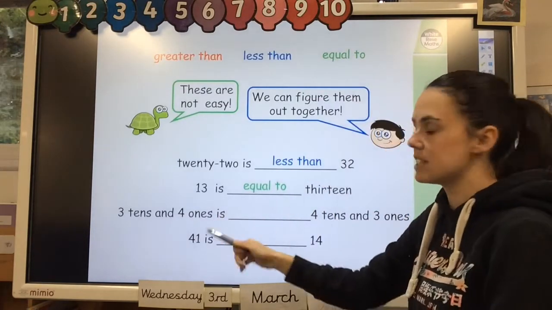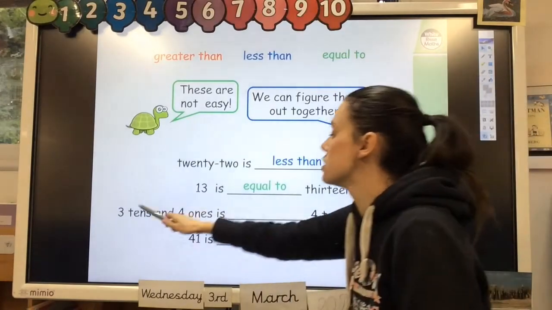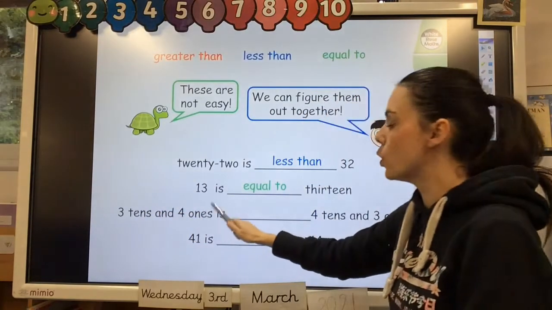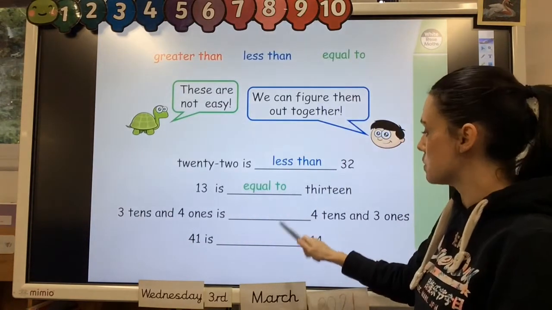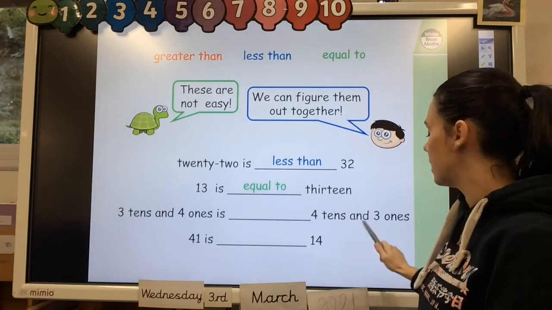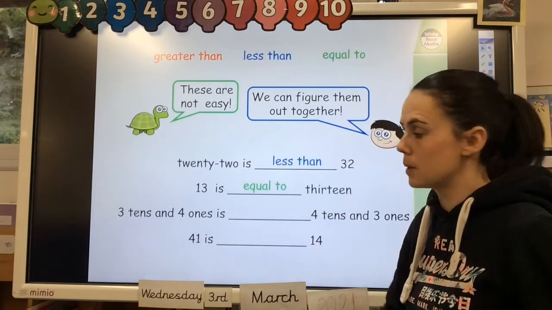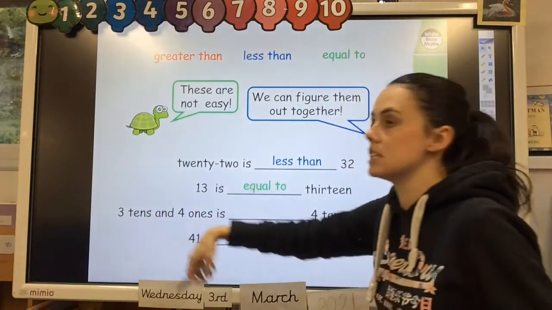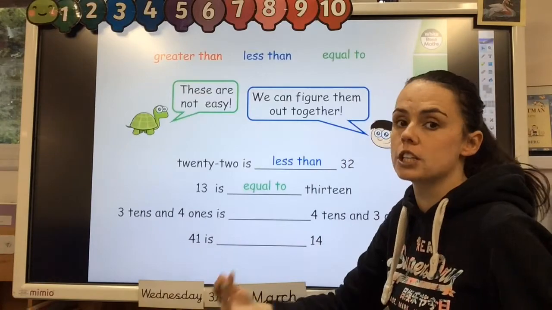Now what they've done here is they haven't given us numbers. They've sorted the number out into tens and ones. So 3 tens and 4 ones is the same as, or bigger than, or smaller than, 4 tens and 3 ones. So let's work out what number we've got on both sides first. 3 tens is what number? 30, and then 4 ones is 34.